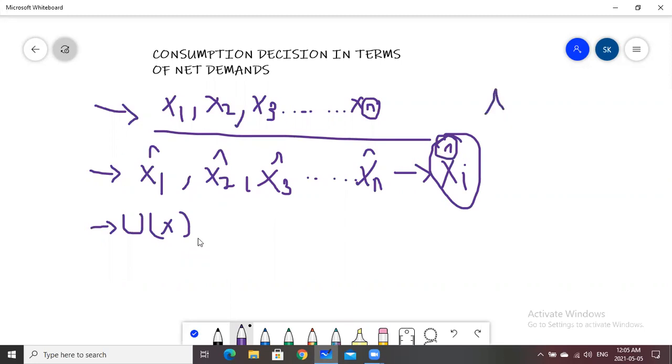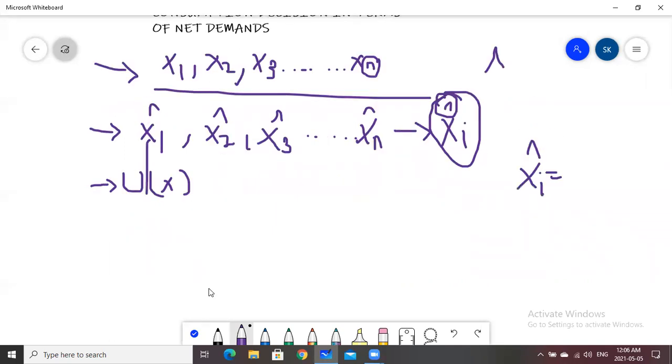Now, before proceeding to the utility function, we should know what xi hat is. Xi hat is the variable used for the net demand functions.